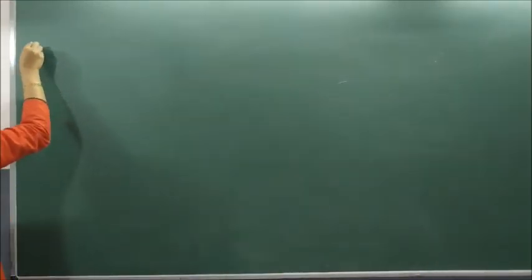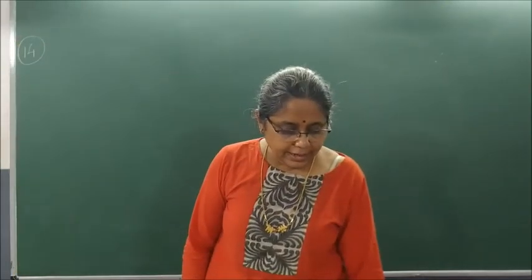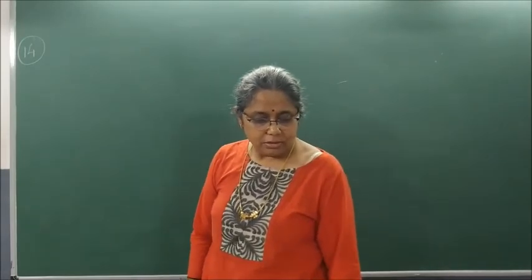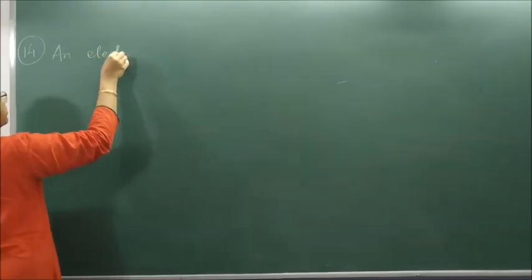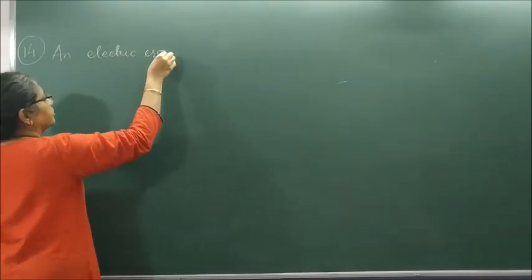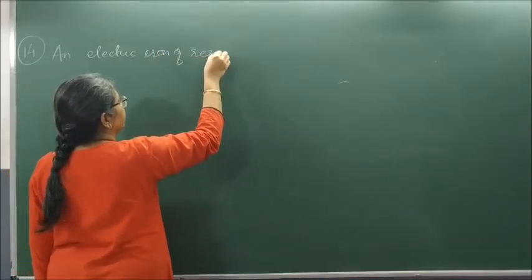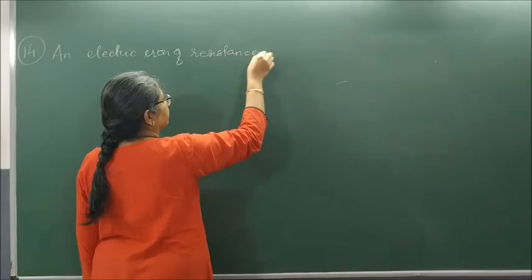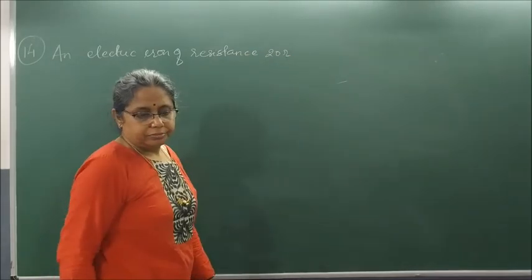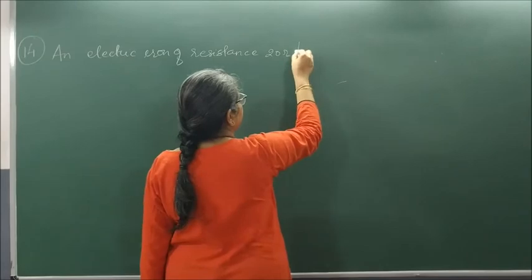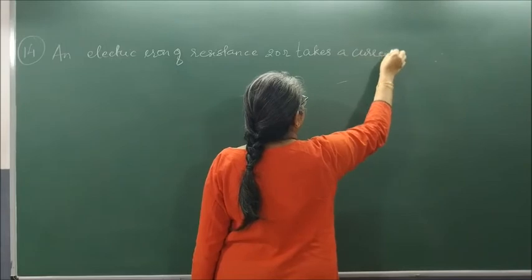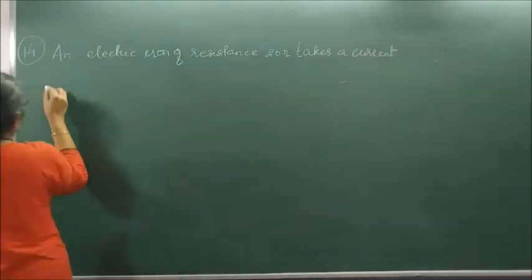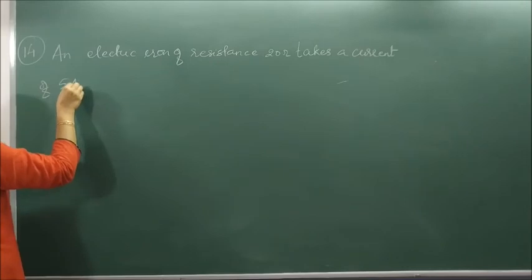This is the 14th problem. An electric iron of resistance 20 ohms takes a current of 5 amperes.